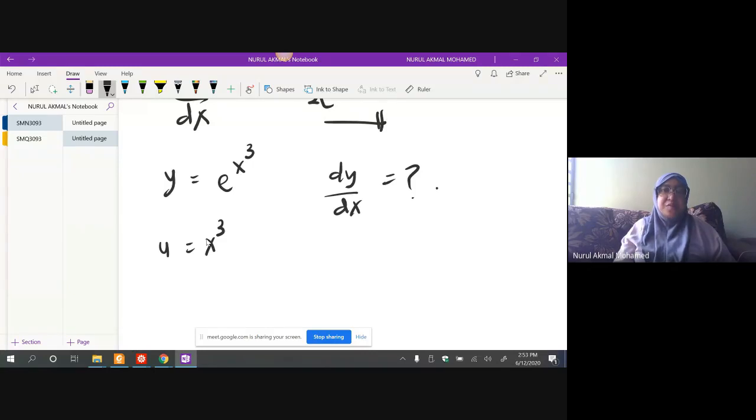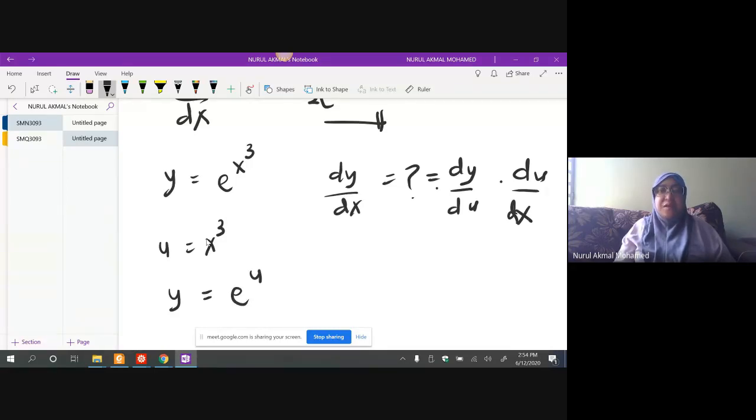So our dy/dx is equal to dy/du multiplied with du/dx. If u is equal to x to the power of 3, then y is equal to e to the power of u.